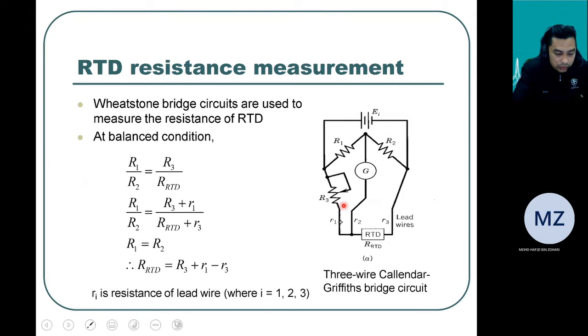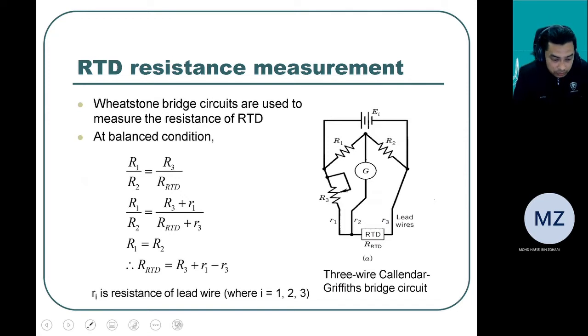So if we want to include all these additional wires, just include in the equation R3 plus R1, because R3 is plus R1 here, same circuit as R1. So RRTD here plus RRTD, okay, and R2 here is actually not involved in here, because it's not connected to any resistance. So R1 and R3 are very important here. Make sure they're included in the equation here. Then we can calculate RRTD.